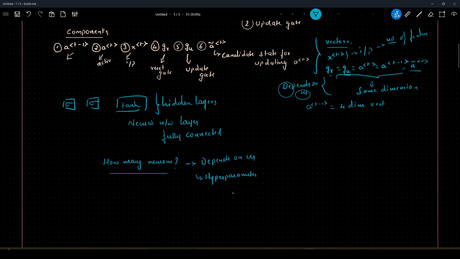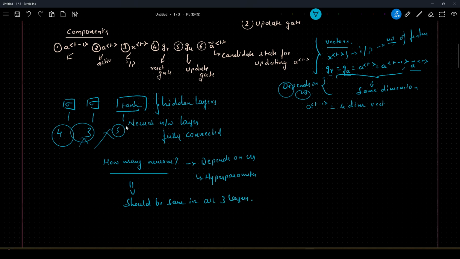Now coming to an interesting point. The number of neurons in each of these layers should be the same. It should not be the case that the first hidden layer has 4 neurons, the second has 3 neurons, and the third has 5 neurons. No, this won't work. GRU will not work like this. The number of neurons in all these 3 layers should be the same.